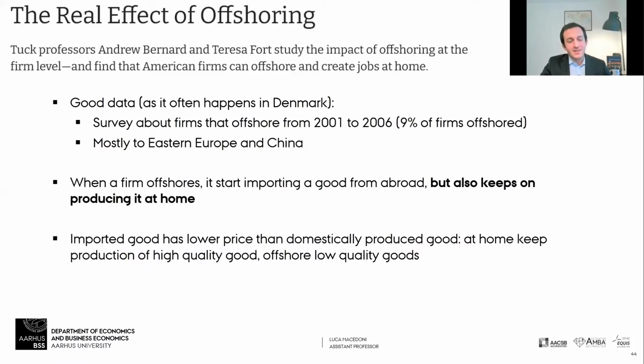Now, this is actually something Denmark is famous for. There are quite a few studies that look at Denmark, mainly because there is such good data. In particular, there is a survey that asks firms whether they're offshoring between 2001 and 2006.